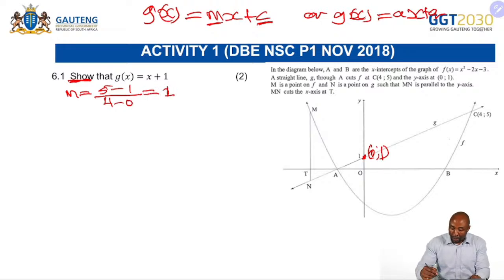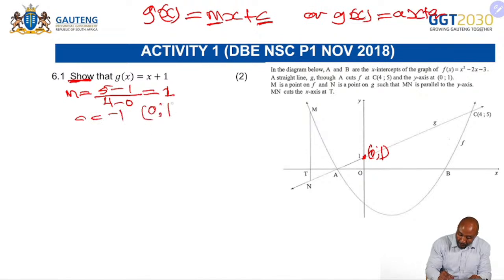Also, we explained on the first slide for our linear function that whatever we have as our y-intercept becomes our c or our q. So our c is equal to 1 from the y-intercept, which is 0 and 1.